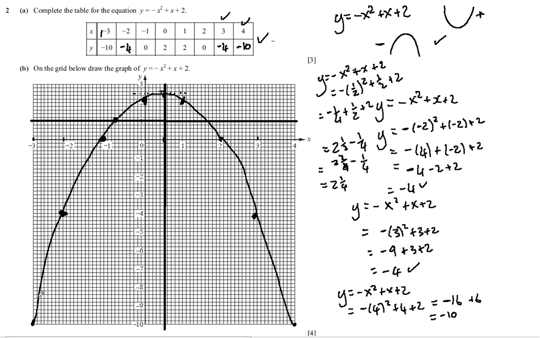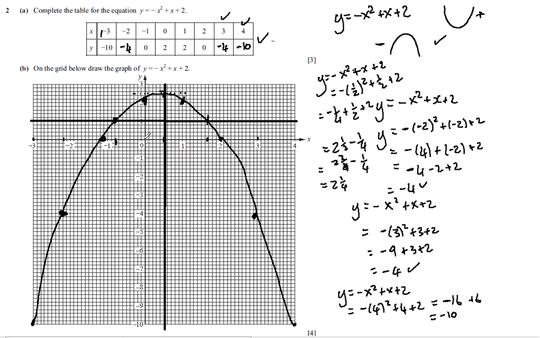This is our graph over here, negative x squared plus x plus 2, this parabola. You just have a look where its y value is 1. It's 1 over here, and it's a y value of 1 over here. So you just read off the x values down below. Since it's not in our table, we'll have to use our graph.